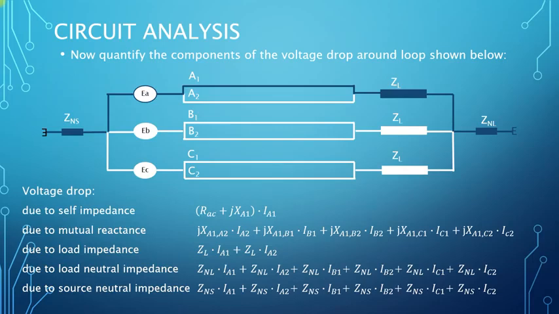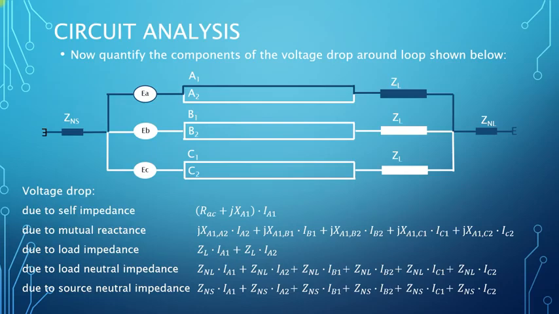Now, in order to understand what is happening in the circuits where we have two cables operated in parallel, it is necessary to calculate the voltage drops in each circuit.